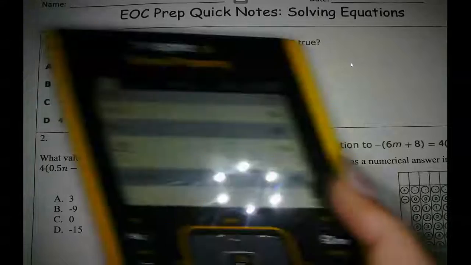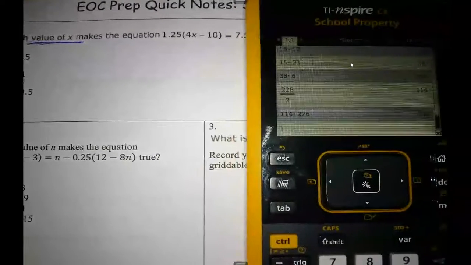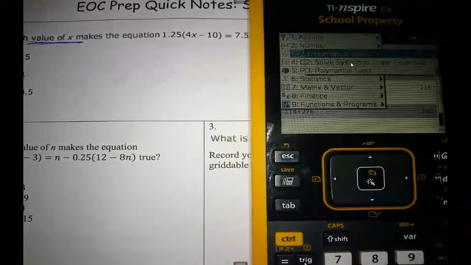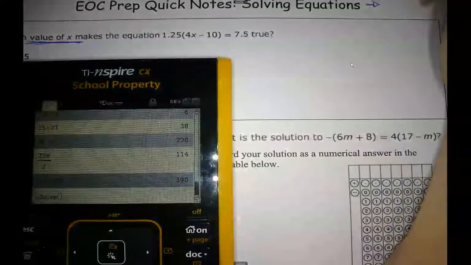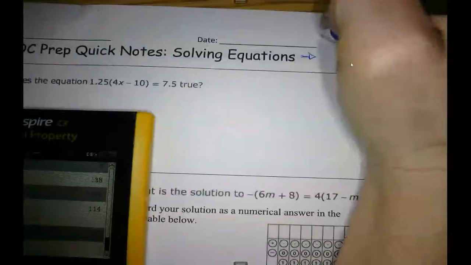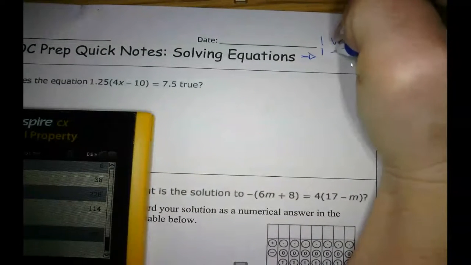So I am just coming to my calculator. Menu 3-1. Solving equations. I'm going to put notes up here: one variable, one equal sign.